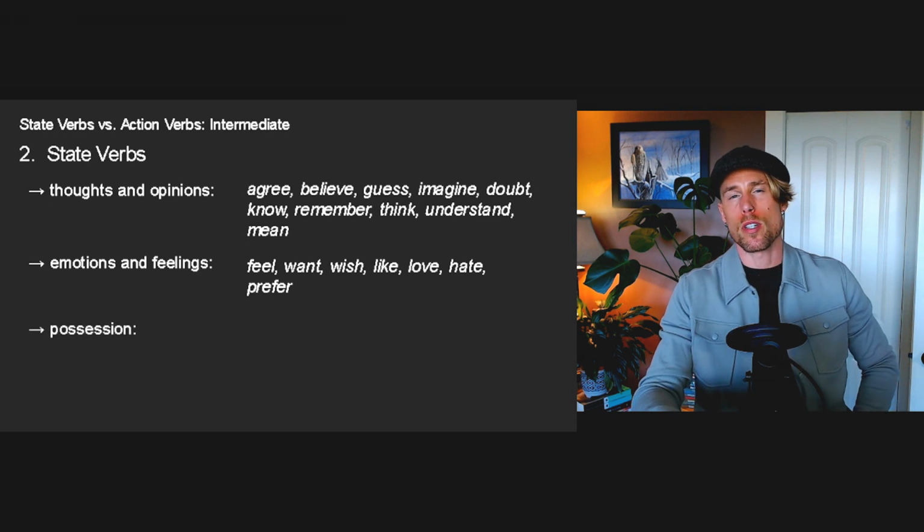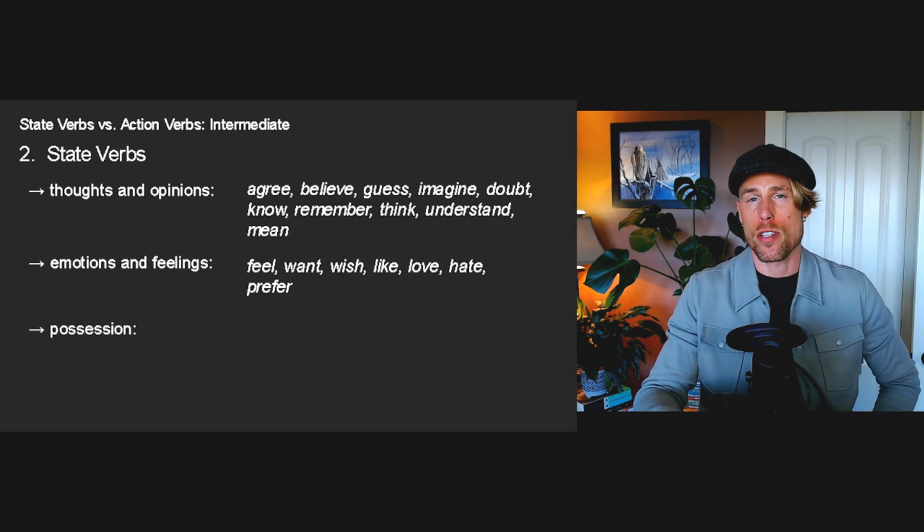Okay, what about possession? I mentioned possession before. Possession is ownership. So think about things that you possess. Do you have a car, a watch, a phone, a dog, a house, a t-shirt, a girlfriend, a boyfriend? These are possessions.